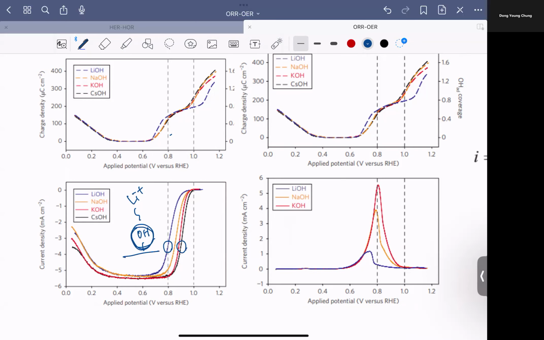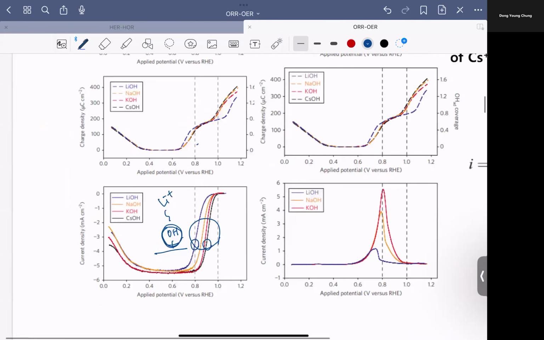Not surprisingly, what is the impact of the stabilization of the OH? The ORR activity is much less compared to the others, right? So the ORR activity follows how the cation stabilizes the OH on the platinum, right?